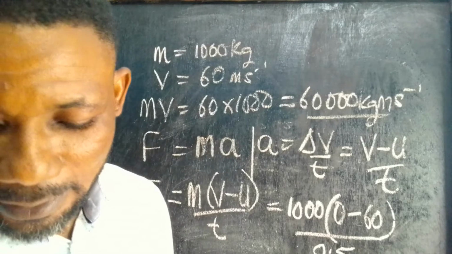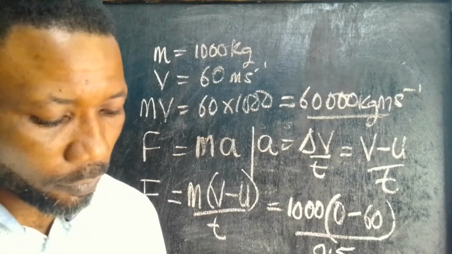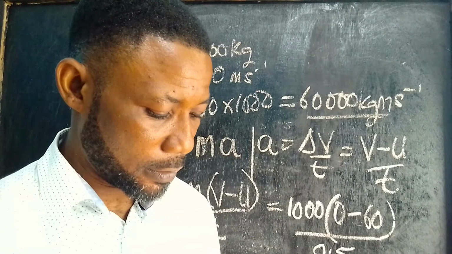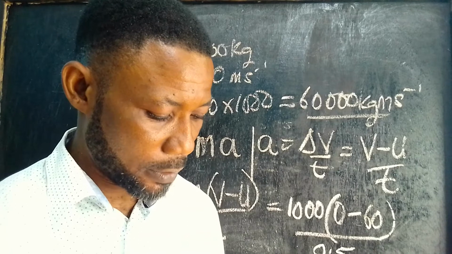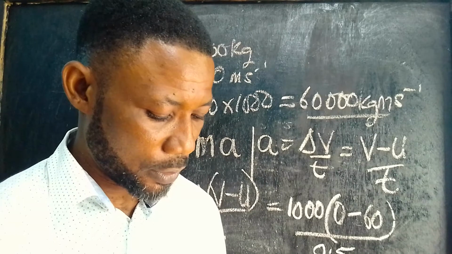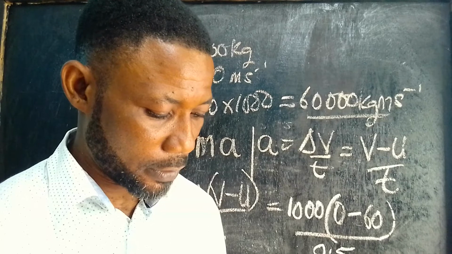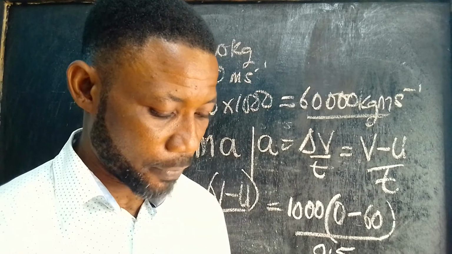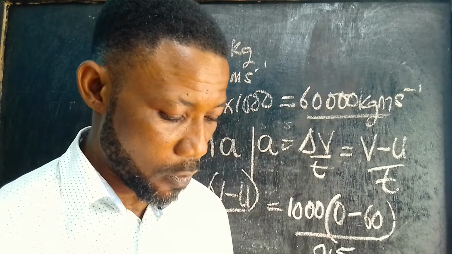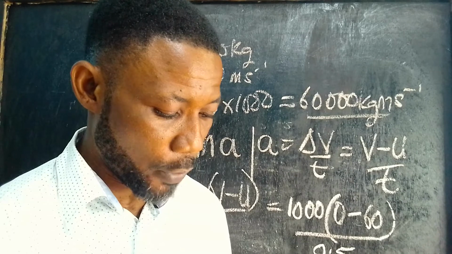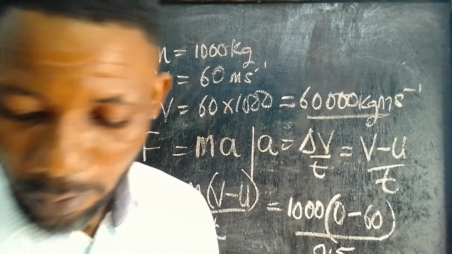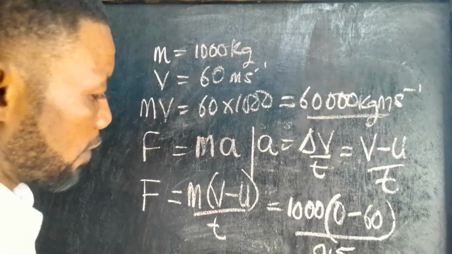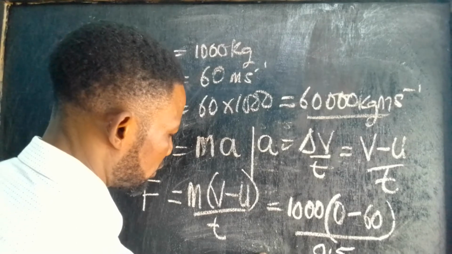Now if we use our calculator, we have 1000 times minus 60, divided by 0.5. We will have 120,000 newtons.